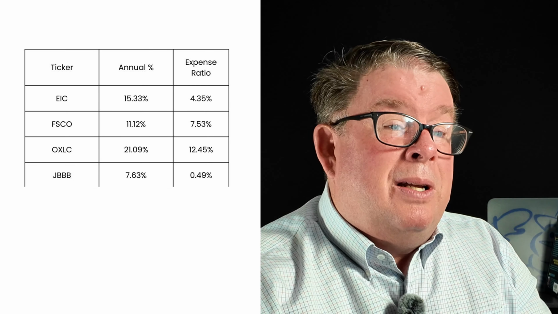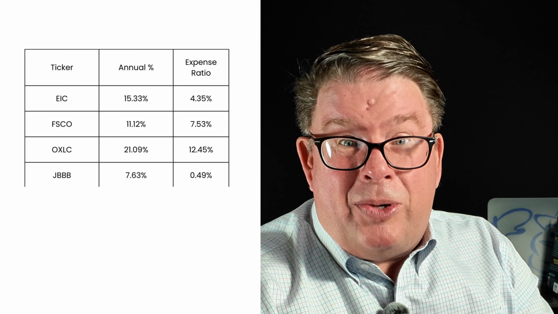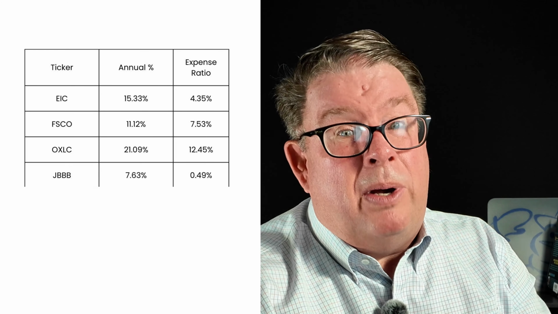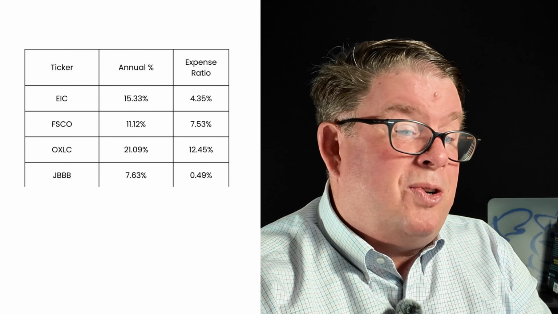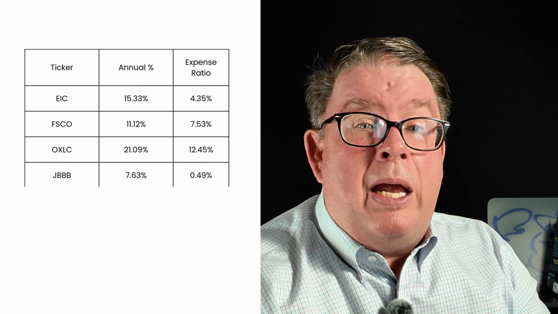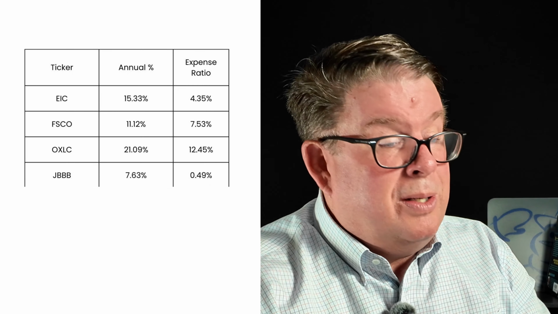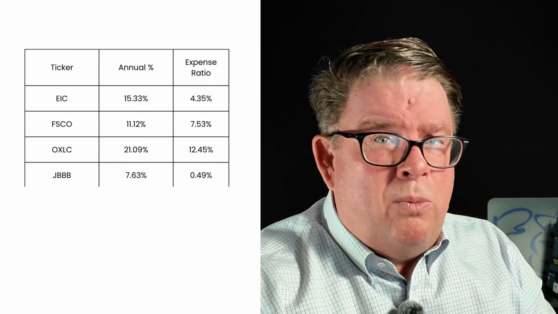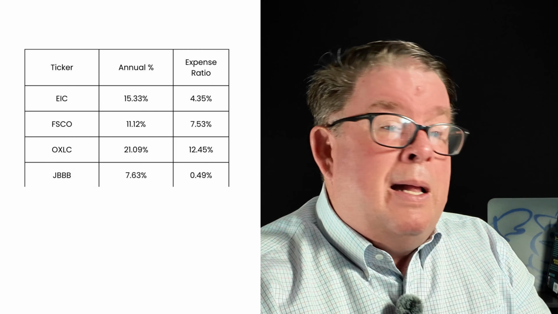And I should be pointing out that OXLC is in the equity tranche, and EIC does the debt tranche, but has a majority in the equity tranche. So you've got to pick out where you want to play in what tranche. Again, link to videos down below so you can figure out which fund is for you.